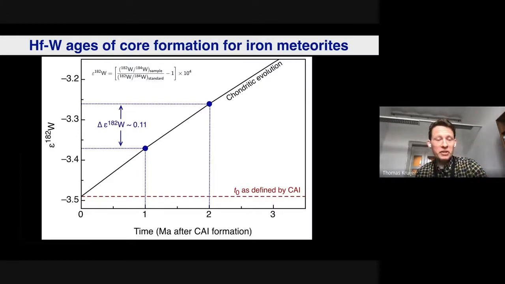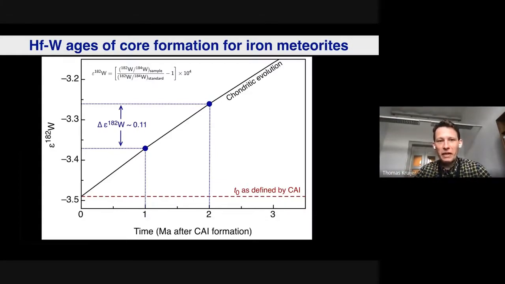And what you can do is just measure the tungsten isotope composition of an iron meteorite and project this on an assumed chondritic evolution line for a reservoir with a chondritic hafnium-tungsten ratio, and then basically read off the age and obtain so-called two-stage model ages for core formation. Now this is the approach. And this works actually quite well.